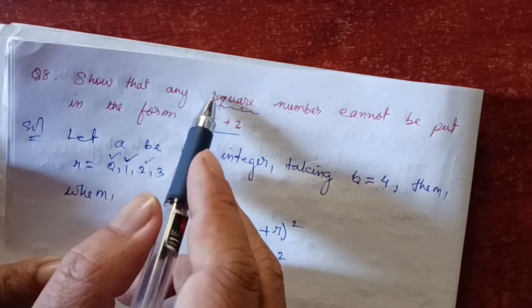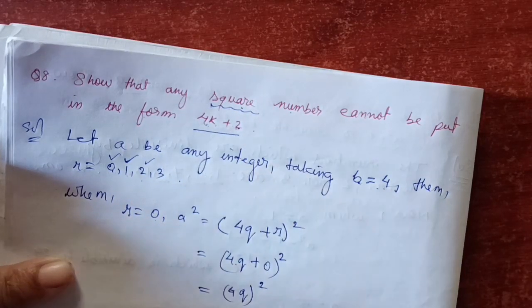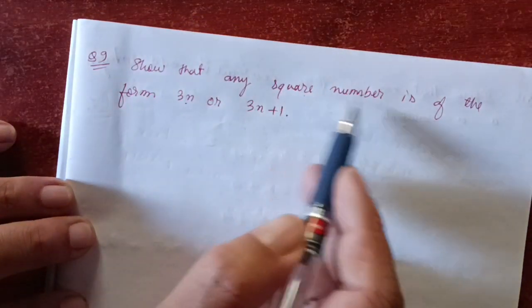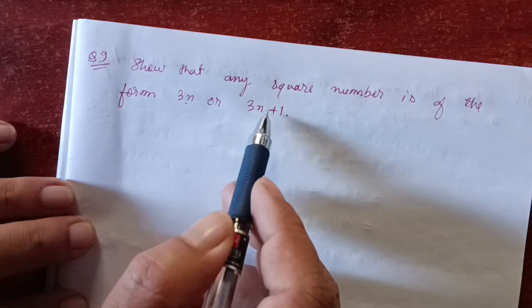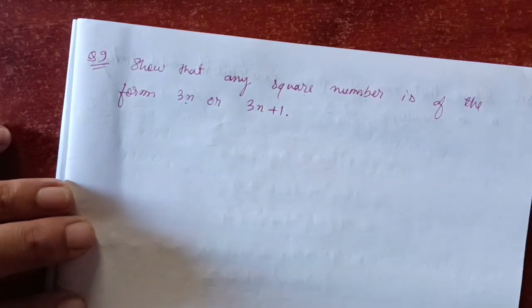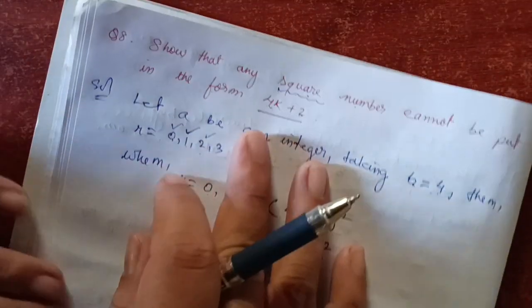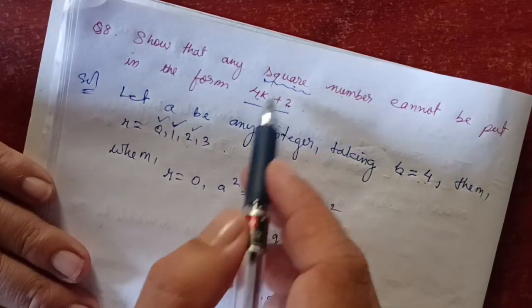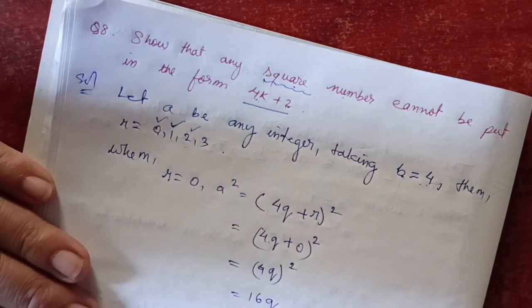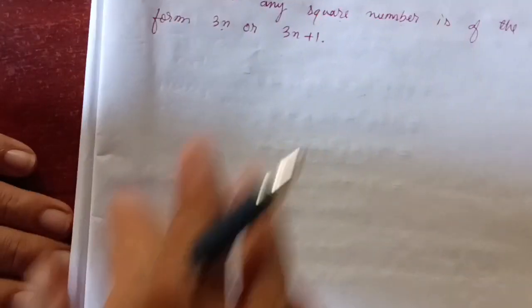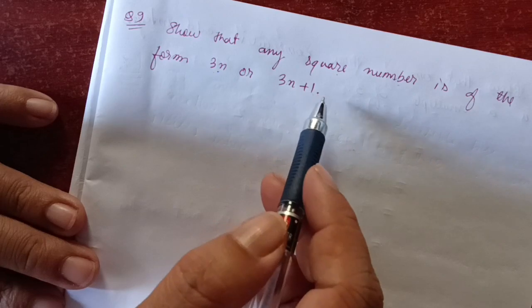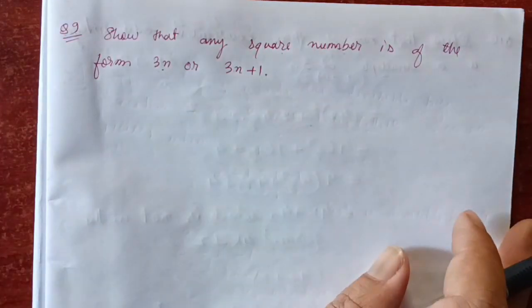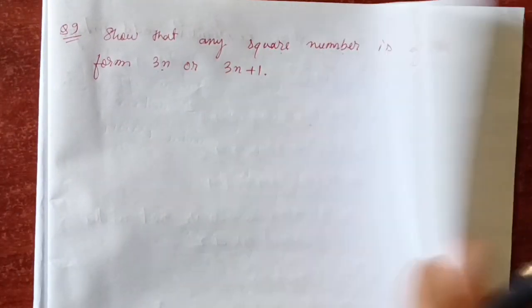But in question number 9, it says that the square number will be in the form 3n or 3n plus 1. So the only difference is that in the previous question the square number will not be in the form 4k plus 2. Alright, okay, let us start.